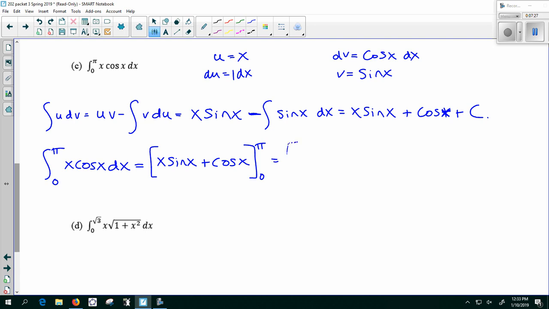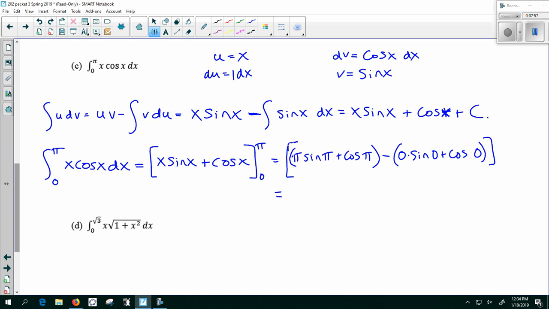Okay, so plug in pi, and we get pi sine pi plus cosine pi. And then subtract what you get when you plug in 0, which is 0 sine 0 plus cosine 0. Okay, so the sine of pi is 0.